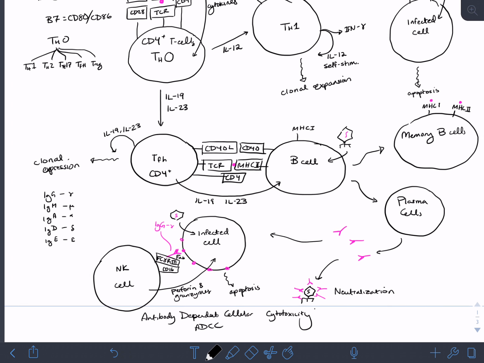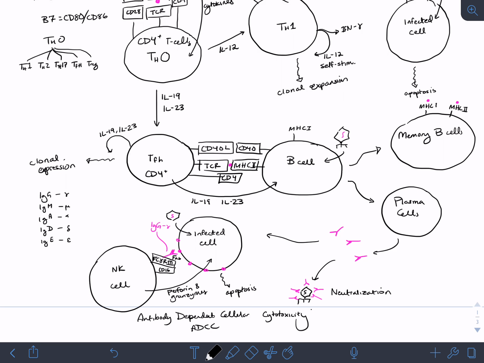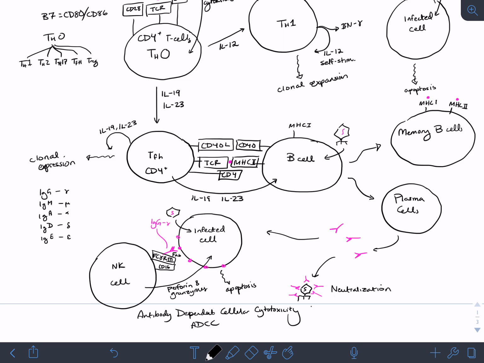And the third method of killing is you're going to activate B cells into plasma cells. Those are going to secrete antibodies. Those antibodies are going to coat infected cells, and that's going to recruit NK cells, which are going to kill via antibody-dependent cellular cytotoxicity. So these are the 3 methods of killing in a viral infection. And that's it.